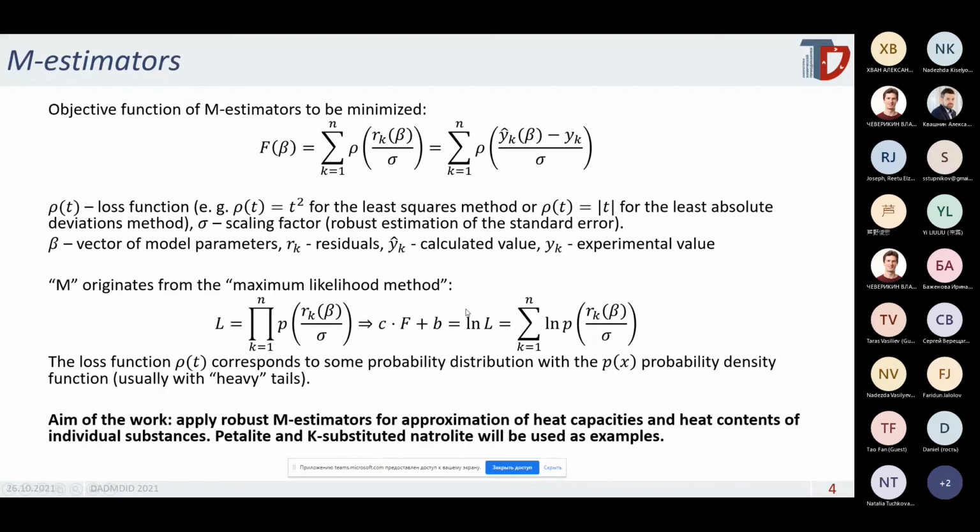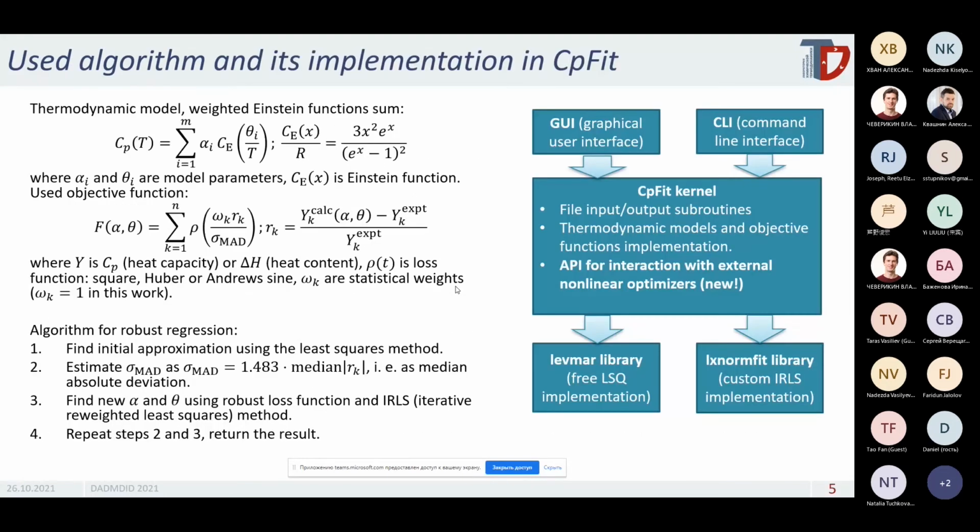For example, the least squares method corresponds to the normal distribution, and the least absolute deviations method corresponds to the Laplace distribution. And the aim of this work was applying robust M estimators for approximation of heat capacities and heat contents of individual substances. Petalite and potassium substituted natural light will be used as examples.